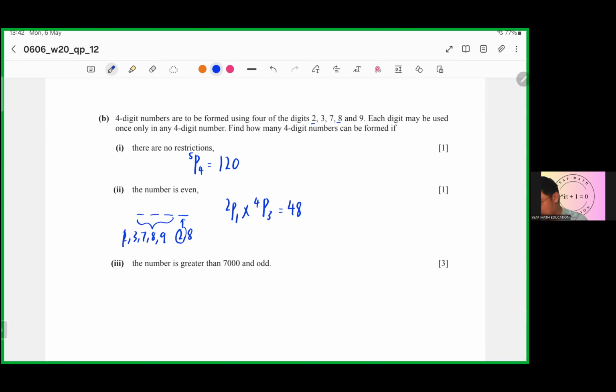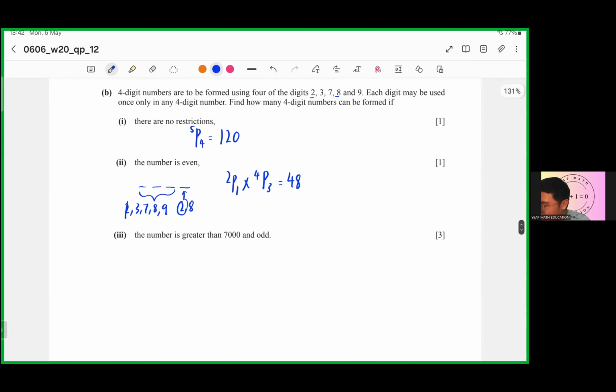Part 3, the numbers greater than 7,000, and all it means is all numbers. So we look at the three cases here: this 7,000, this 8,000, and this 9,000. But it is all numbers, right?